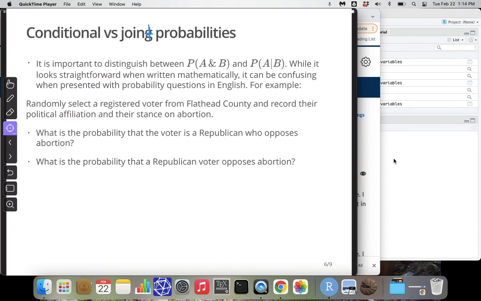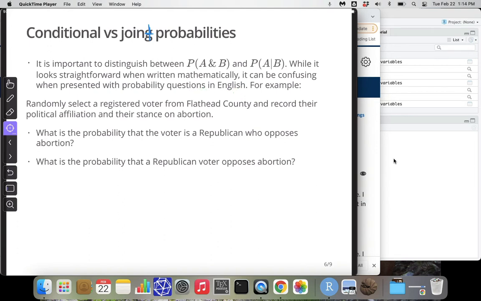It looks like a straightforward distinction, and it often is if you write this down mathematically, but it ends up being kind of confusing when you encounter these out in the wild, when you see probability questions phrased in plain English.